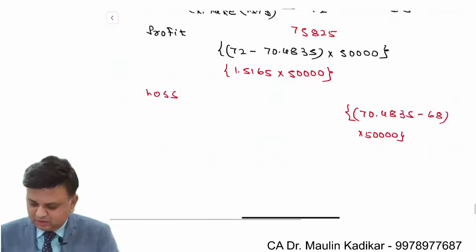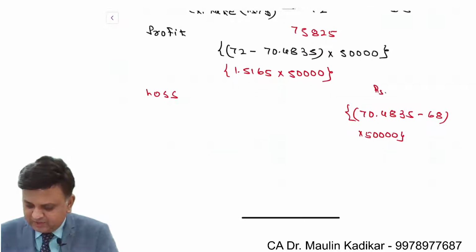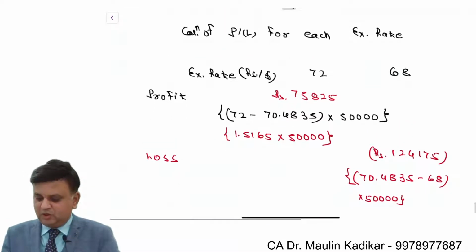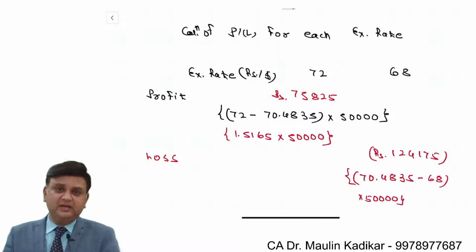That comes to a loss of rupees 1,24,175. Why? You could have purchased it at a lower rate, but you are required to purchase at 70. So you have to pay more and there is a loss. Right, the answer.